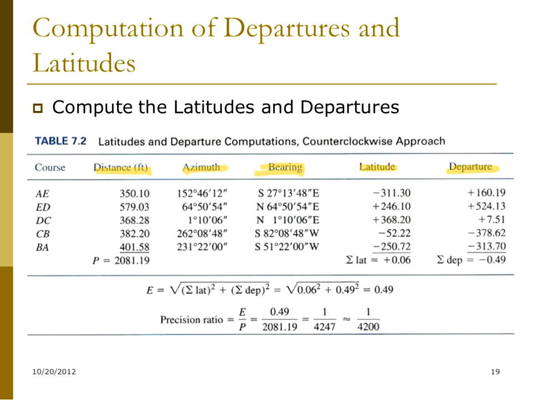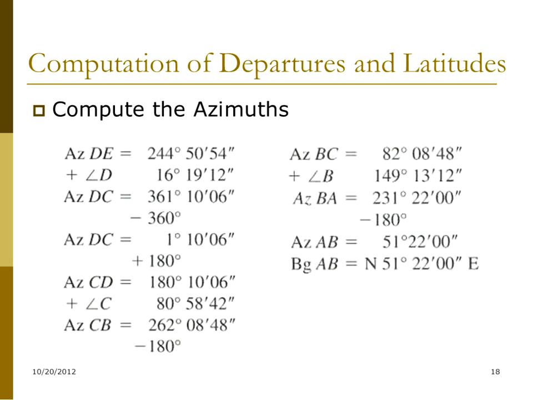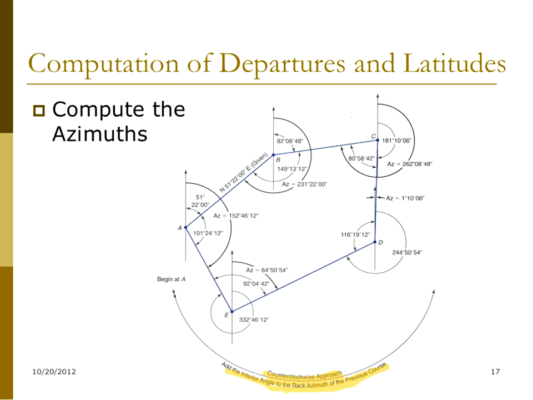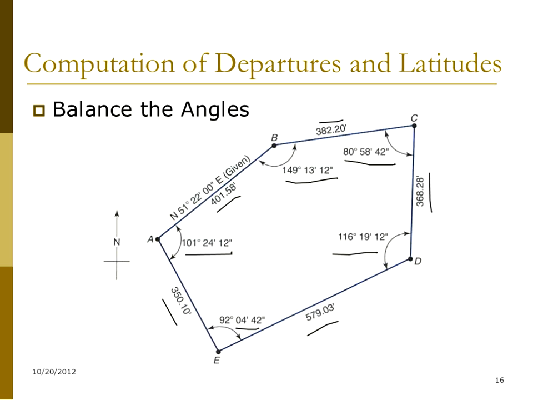Alrighty then. Remember we said that the sum of our latitudes and the sum of our departures should be equal to 0, right? So if we go back to our figure here, it'll be a little bit easier to see. We have latitudes and departures, poorly drawn, but latitudes and departures nonetheless.